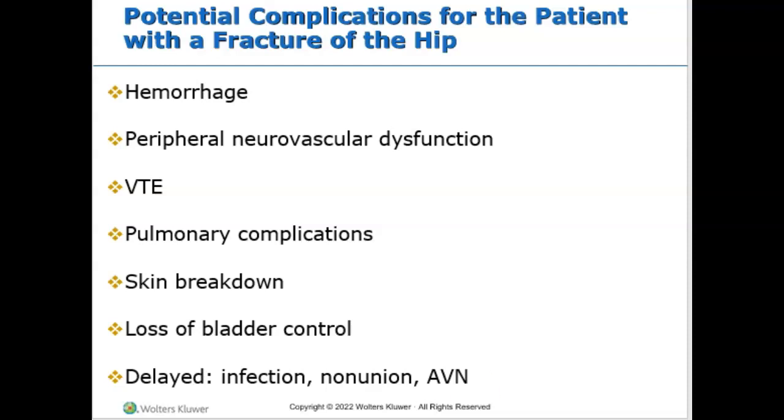And then VTE, remember, that could be from a fat embolism, especially long bones and pelvic fractures. They're the most frequent causes. And they can also have a pulmonary embolism as well, of course.